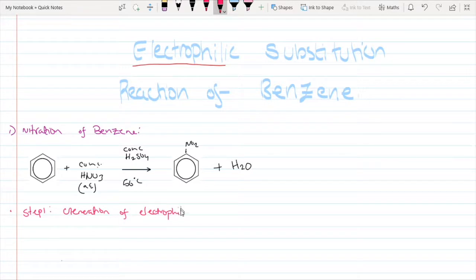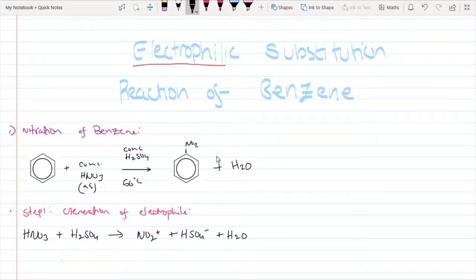To generate our electrophile, we are going to take our nitric acid, HNO3, and it will react with the sulfuric acid, our catalyst. Concentrated sulfuric acid and concentrated nitric acid will undergo a reaction, H2SO4, and this would form NO2 plus, HSO4 minus, and a water molecule.